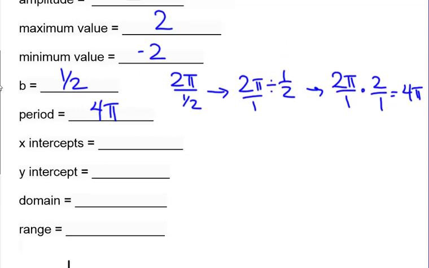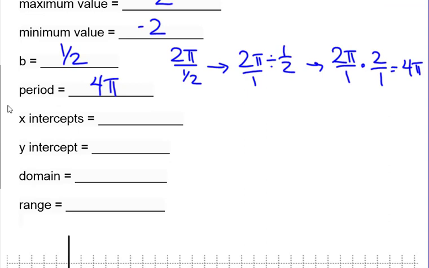Our intercepts, if we're going from negative pi to 4 pi, are going to be 0. Well, if it's normally at pi, if it's going to be twice as much, it's going to be at 2 pi. And if it's normally at 2 pi and you're stretching it twice as much, it's going to be 4 pi. Our y-intercept on a sine graph is 0. Well, 0 times your a value is still going to be 0.